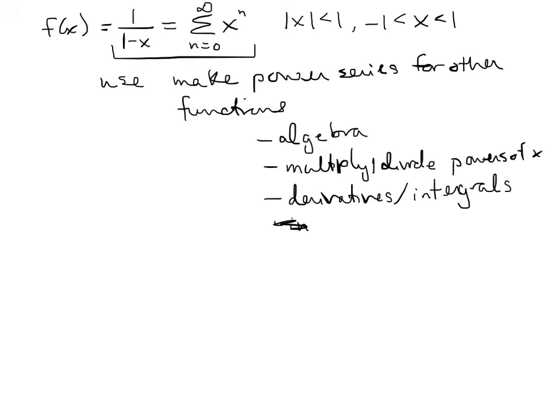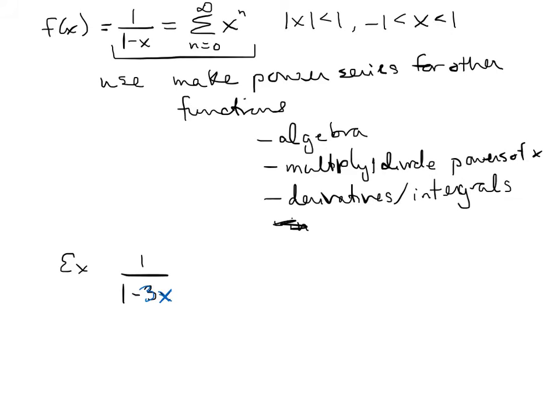So let's say, for instance, that we have 1 over 1 minus 3x. So in this, instead of x, we have 3x.